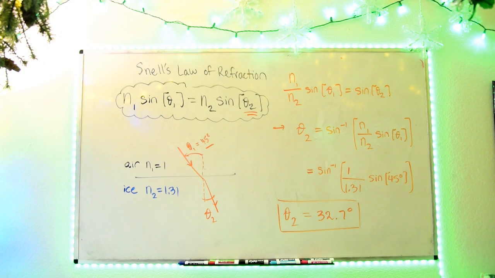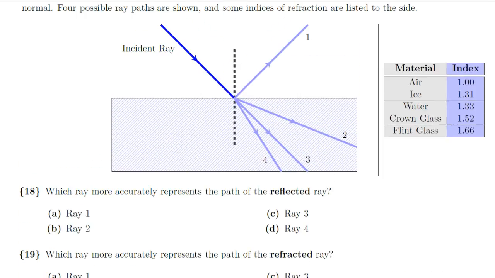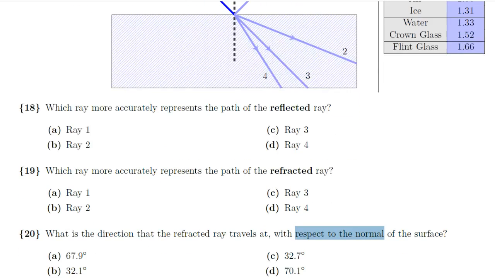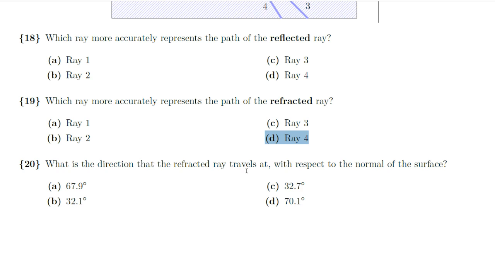Okay, so ray 4, that's correct. Ray 4 was the ray for the refracted ray. So ray 4 for the refracted for 19. And then for this one, we got 32.7, so that's C.